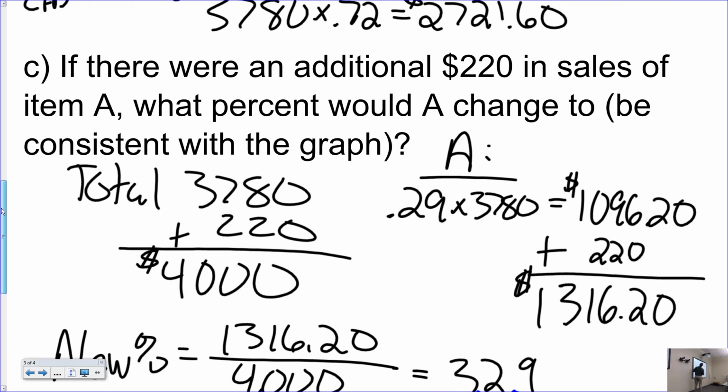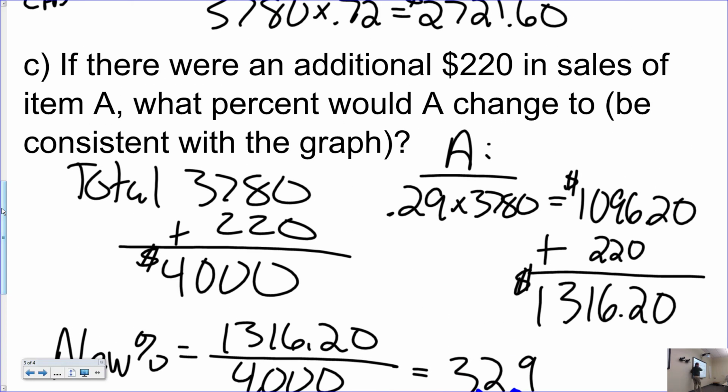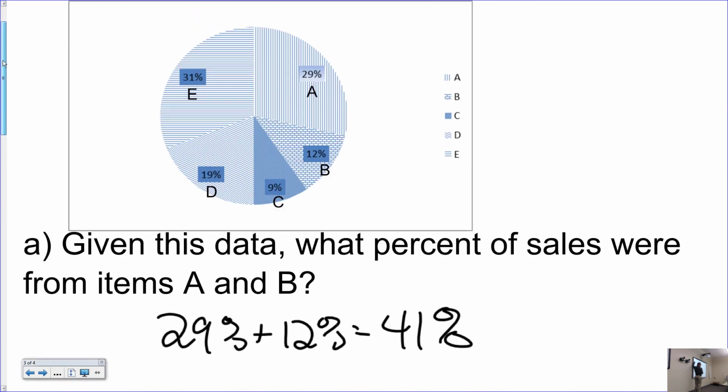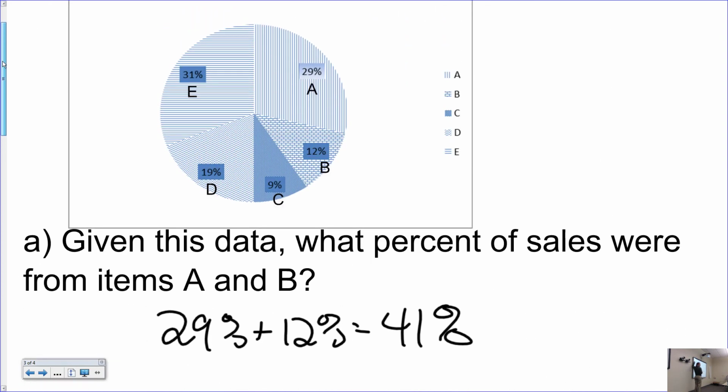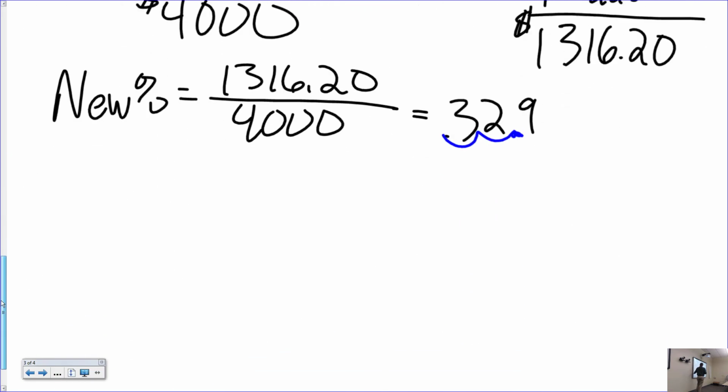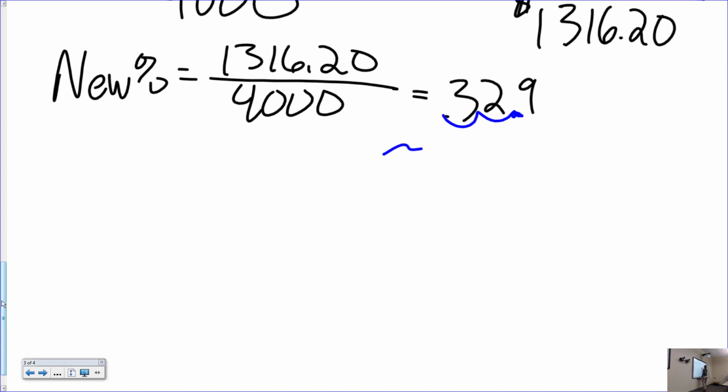Because what did I say in the end of this question? Be consistent with the graph. What were my percentages in the graph to begin with? No decimals. If there are no decimals, don't give me decimals in the new world, right? Technically, we're still correct if you put down 32.9. You're not incorrect if you put 32.9. You're just not really being consistent with the graph, which would make me sad and probably cost you a point.